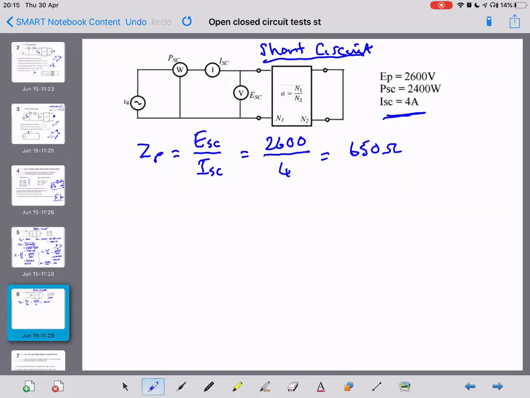So that is the primary voltage when the secondary is short circuited, and that would be a voltage that you choose anyway. Then you're measuring the current flowing in the primary when the secondary is short circuited, and the power dissipated in the transformer at that given voltage and current.